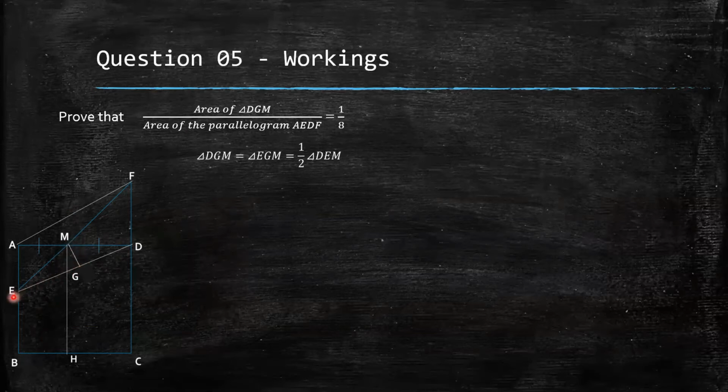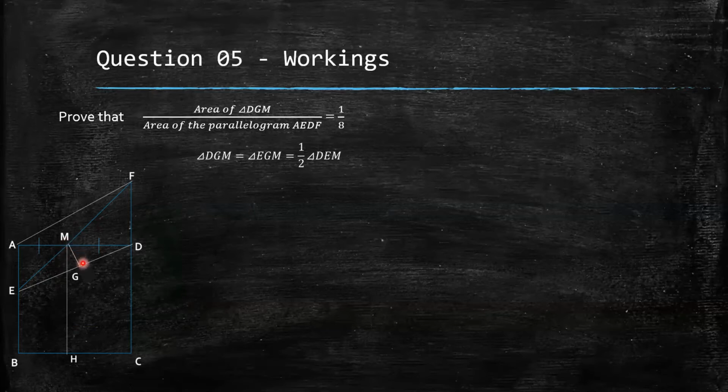Now this is the perpendicular of this triangle. If you want to find the area of DGM, it is half into GD into this perpendicular height. And the area of EGM will be half GE into again the same perpendicular height because it has a common vertex.